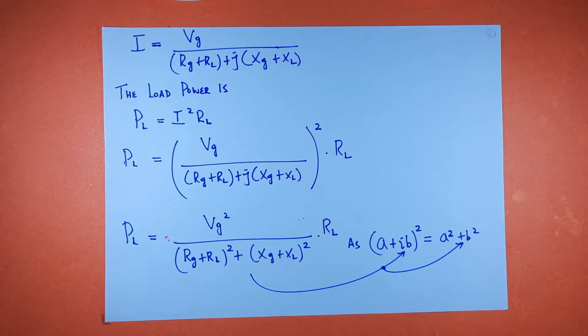This is similar to A plus jB the whole square, which is standard in complex algebra: the magnitude squared is A square plus B square. So when you apply this here, the denominator is going to be Rg plus RL the whole square plus Xg plus XL the whole square, and the numerator is Vg square into RL.